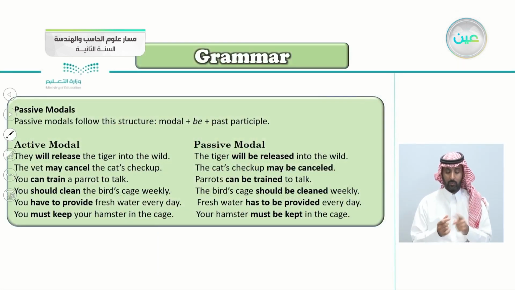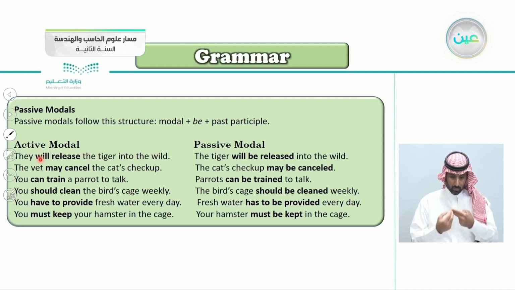So the passive modals follow this structure. This is the form of the passive modal: the modal itself, be, then the past participle. Again, the modal, be, then the past participle. For example, let's take how do we change from active modal to passive modal. They will release the tiger into the wild.